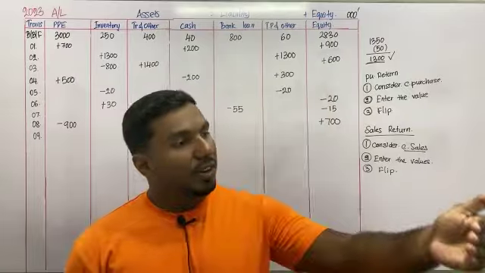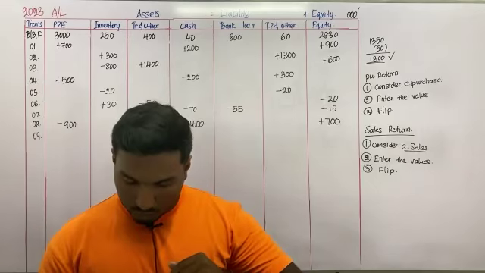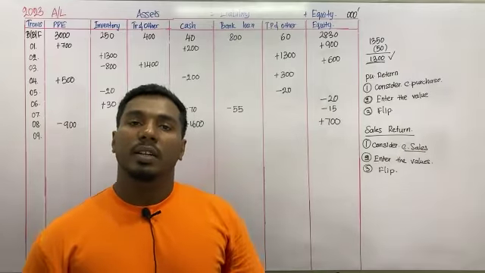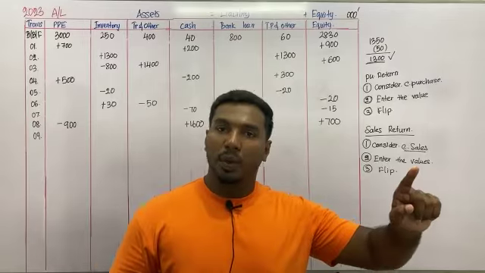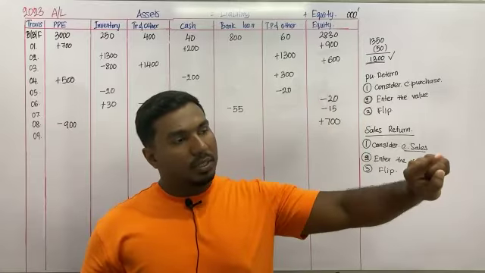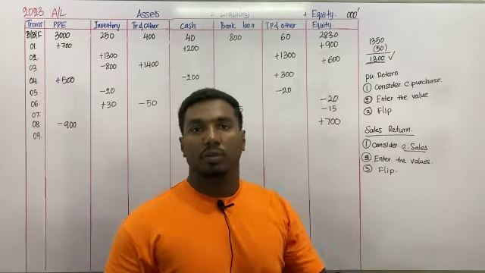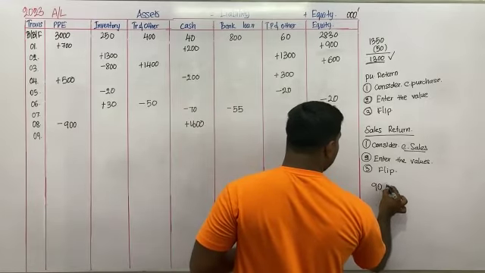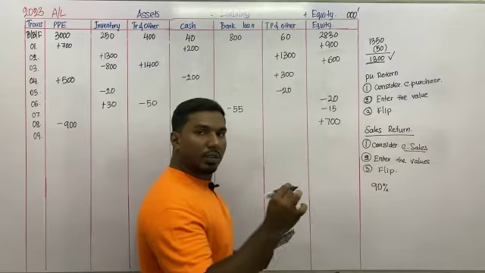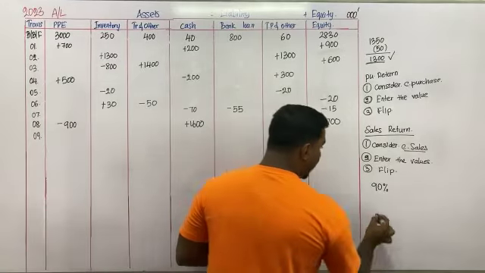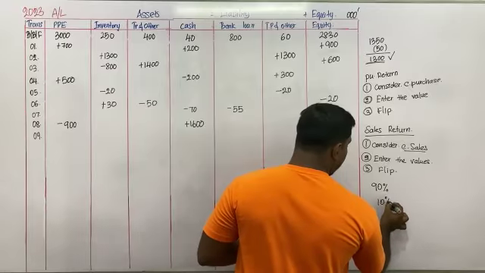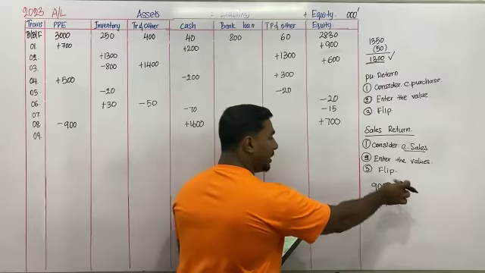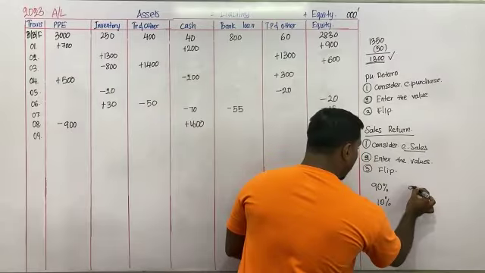We received 900,000 after allowing the discount of 10%. So which means how much we received? 90%. We received 90% and we allowed 10% of the discounts.